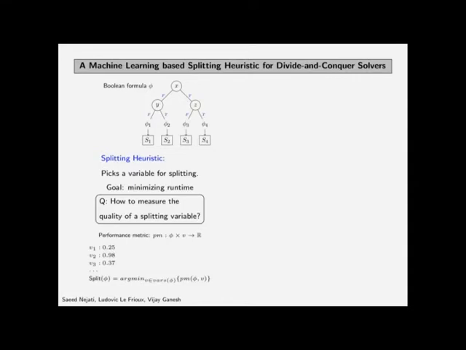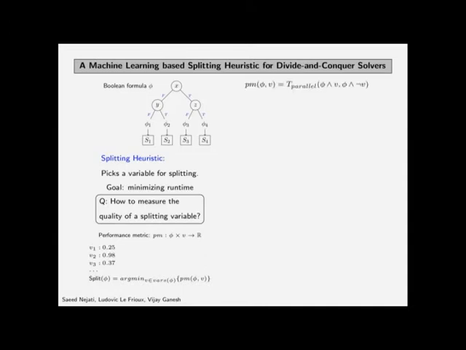Generally, people quantify this using a performance metric function that, from a formula phi and a variable within that formula, assigns a real value to each variable. Then the splitting heuristic process becomes picking the variable that minimizes this performance metric.